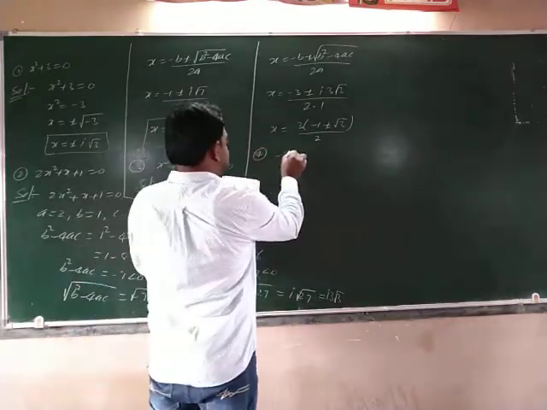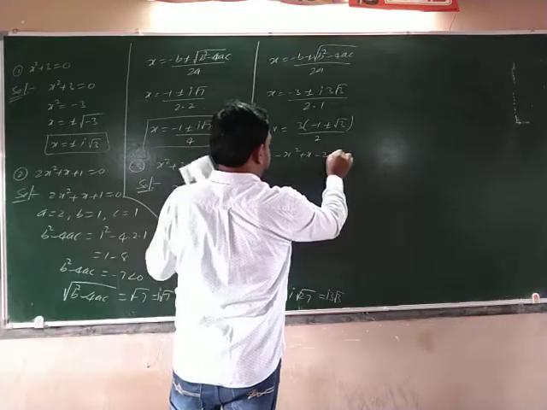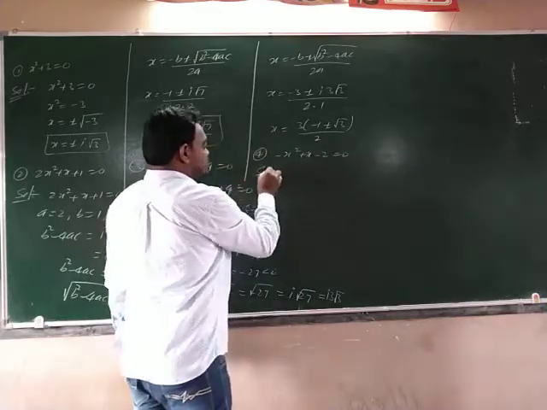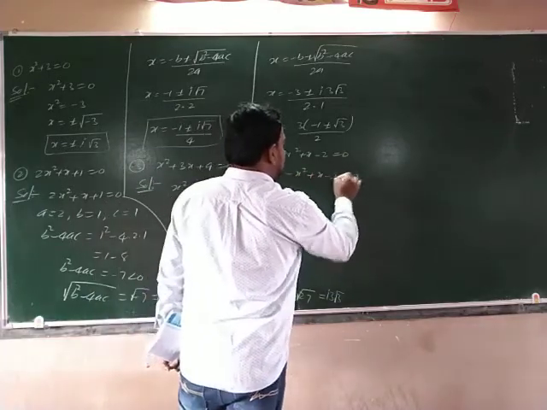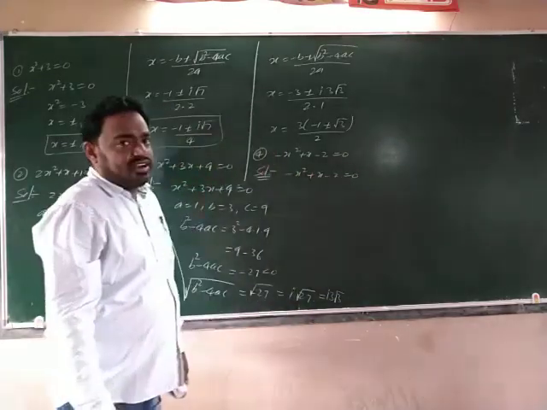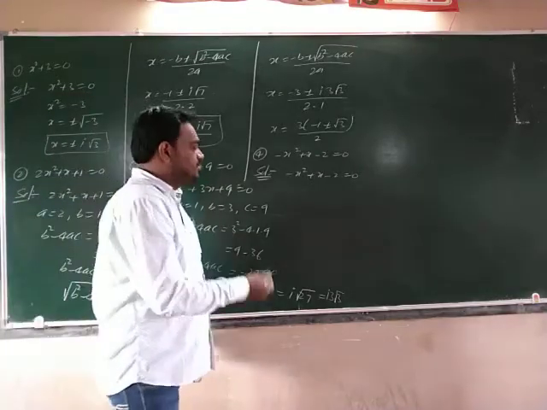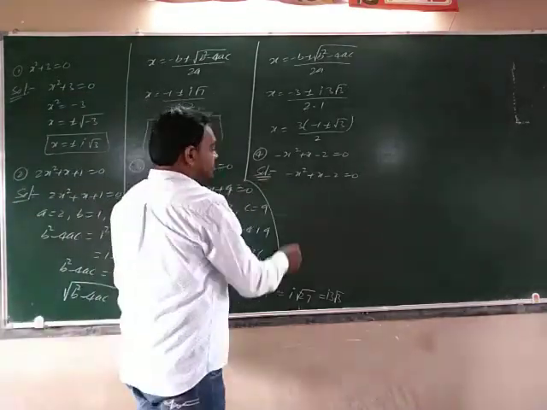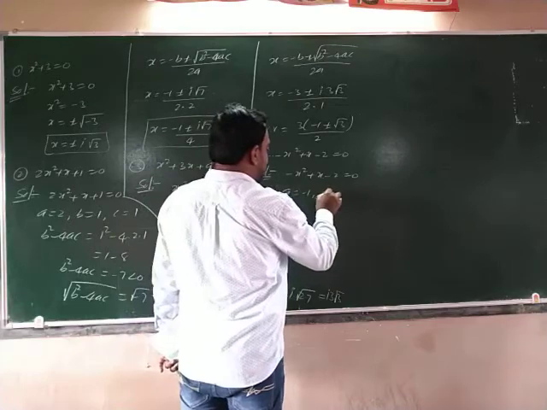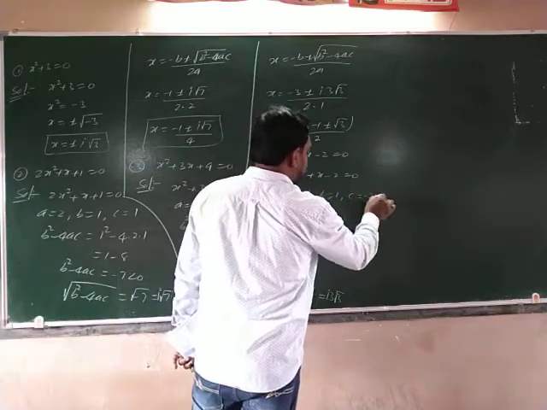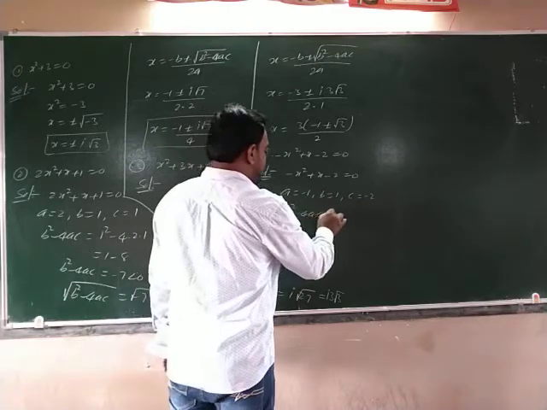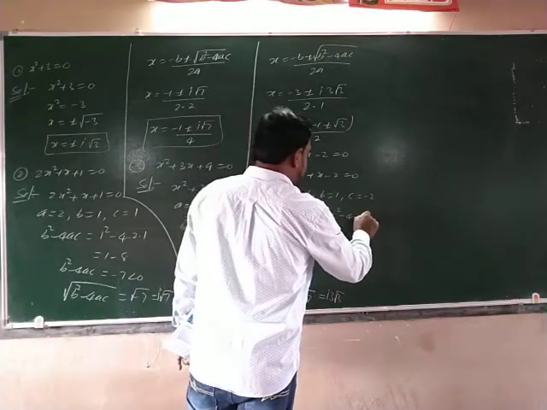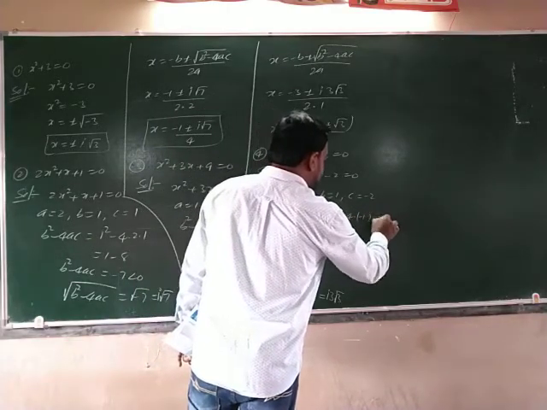Fourth one, minus x square plus x minus 2 equal to 0. Solution. Here you can take common minus, otherwise you can solve directly, no problem. So here a is equal to minus 1, b equal to 1, c equal to minus 2. Now b square minus 4ac equal to 1 square minus 4 into minus 1 into minus 2.